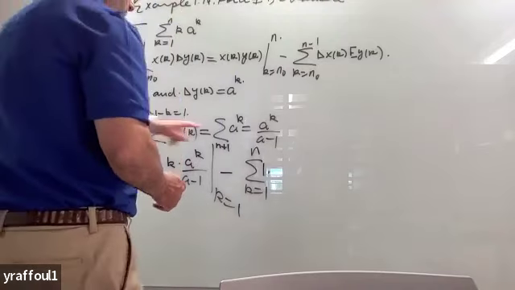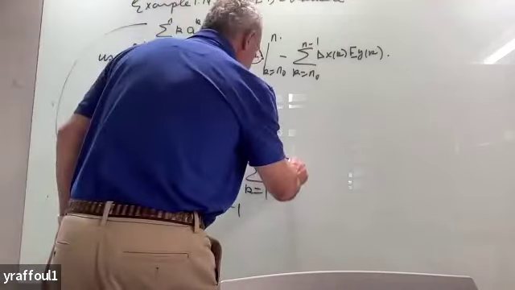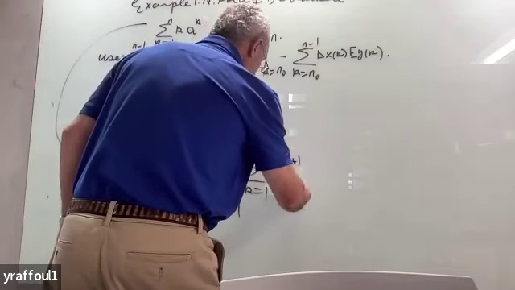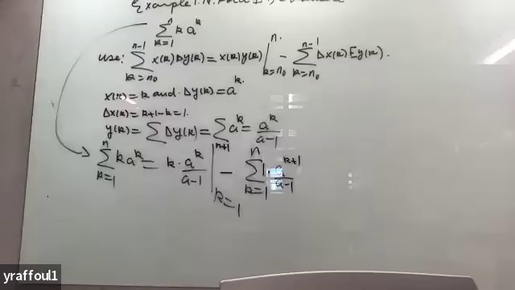This is yk. E yk is a^(k+1) over a minus 1. Let me finish it off, and then we will evaluate what this is equal to. Does anybody have any question about it?